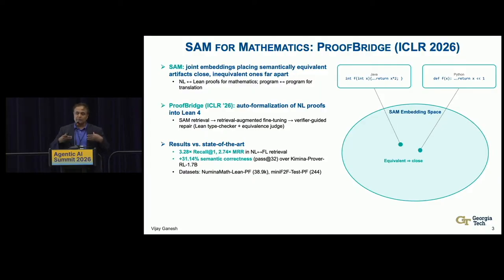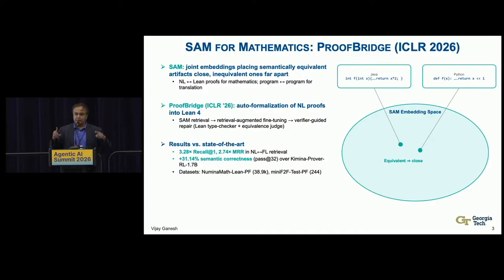The property that we want the model to possess is this: if two objects are represented in different modalities but have the same semantic content, then we want them to be close by in the embedding space of the model. If they have different semantic content, then we want them to be far apart.